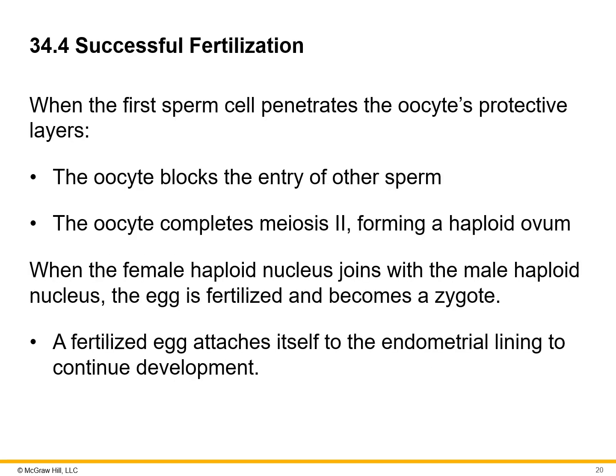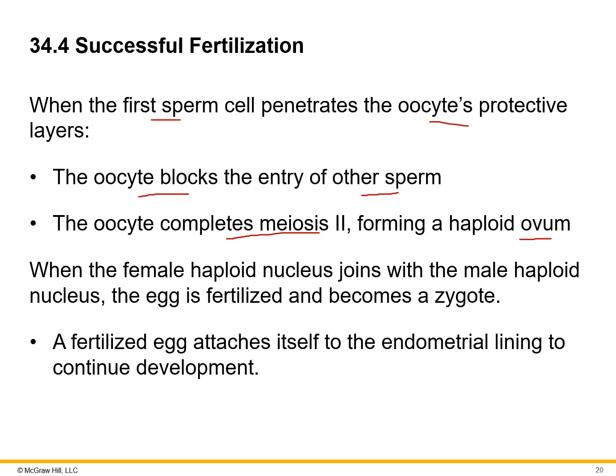Now, during fertilization, when the first sperm cell penetrates the oocyte, a few things happen. First of all, the oocyte is going to block any other sperm from entering, and only at this point, after the sperm has penetrated, does the oocyte complete meiosis 2 to form the fully developed ovum.